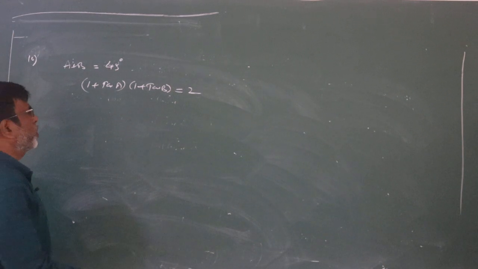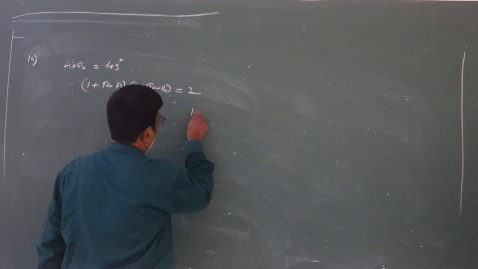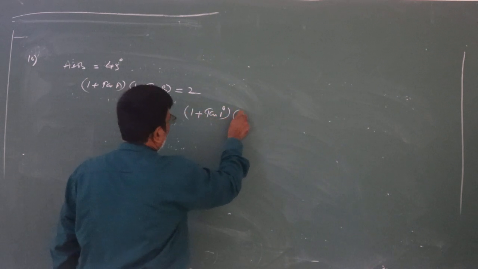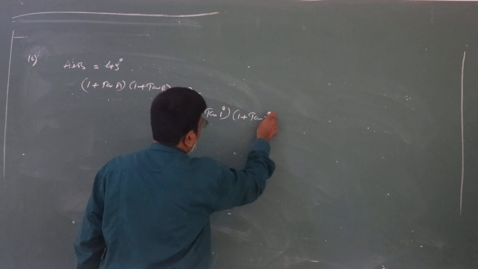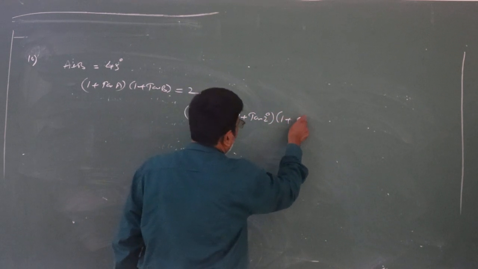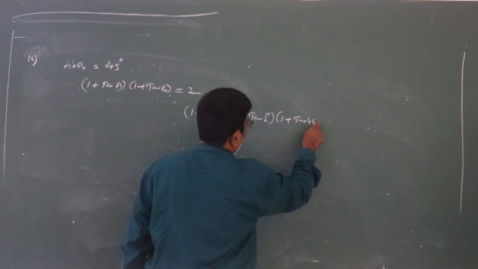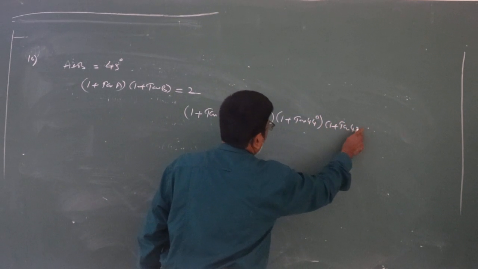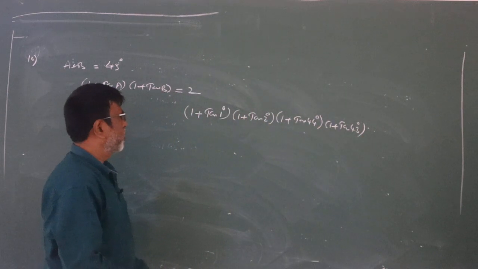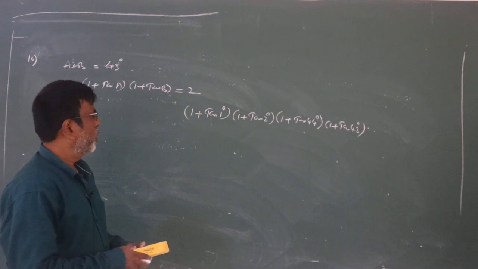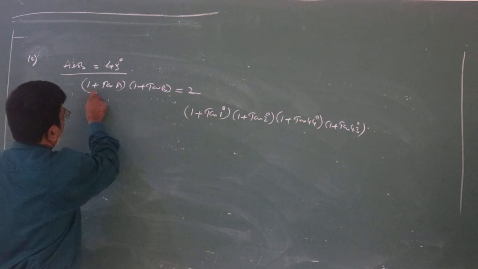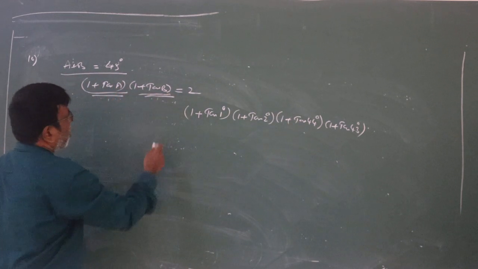In a previous examination, a question like this was asked: 1 plus tan 1 degree into 1 plus tan 2 degrees, up to 1 plus tan 44 degrees into 1 plus tan 43 degrees. It is a simple question. According to the formula, if A plus B is 45 degrees, 1 plus tan A into 1 plus tan B is 2.